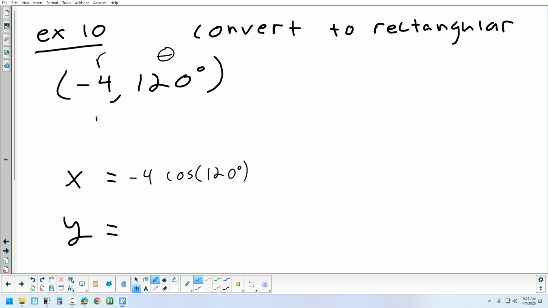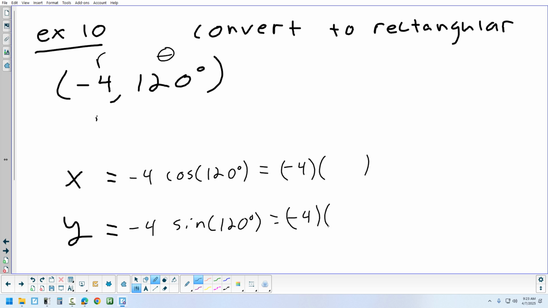-4 sine 120. Yep. And that's a multiple of 30, so one of them is going to come out to one of the square root answers, one of them is going to come out to probably like a half or a negative a half, something like that. So it's going to be negative 4 times something, and negative 4 times something.